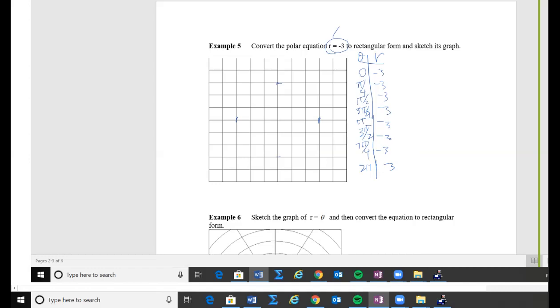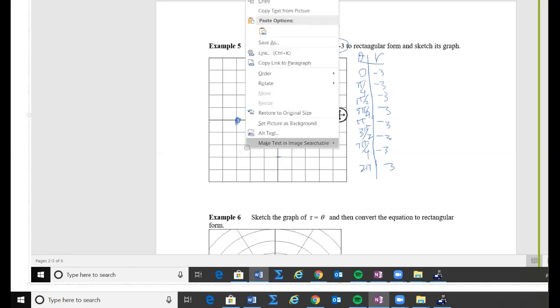In other words, when theta is 0, I have a ray extended this way, and I stop at 3. But since this is -3, I got to go backwards. So my first point is actually over there. Then at pi over 4, come up this way, but I go backwards 3 units. So I'm here.